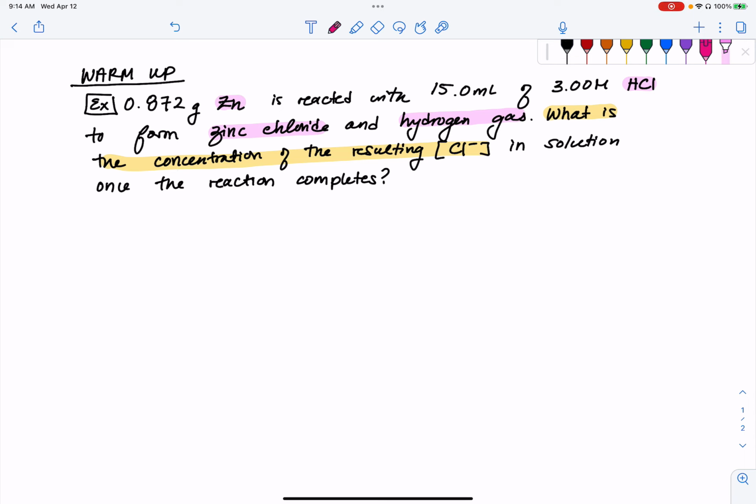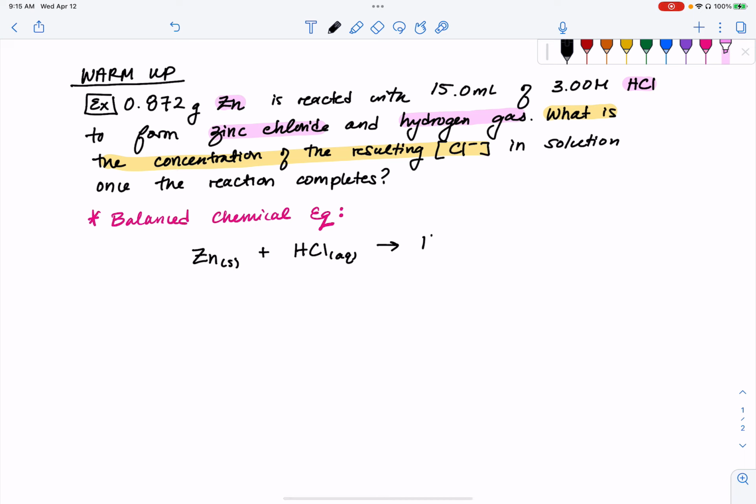So let's start by getting our balanced chemical equation. Again, I've been referring to this as our recipe. So let's see here, we have solid zinc that is reacting with hydrochloric acid to form zinc chloride and hydrogen gas.